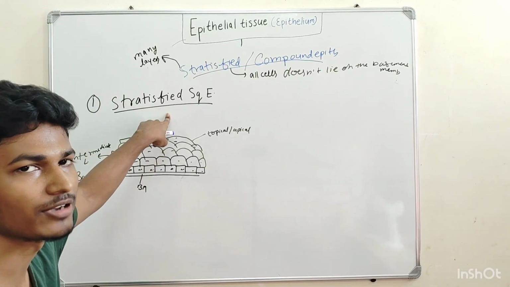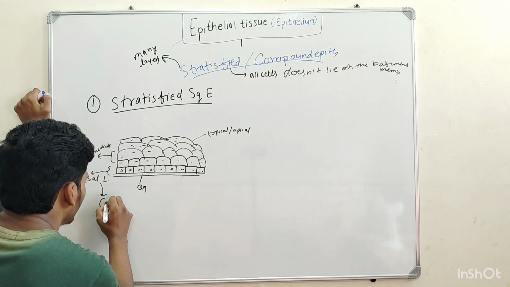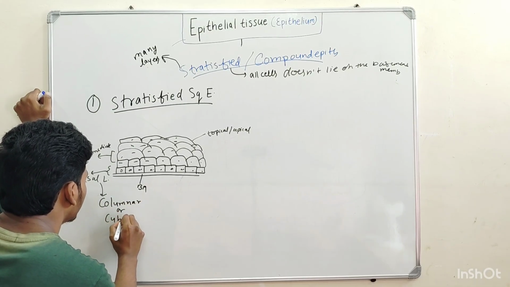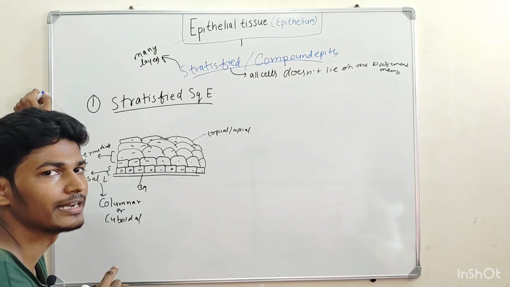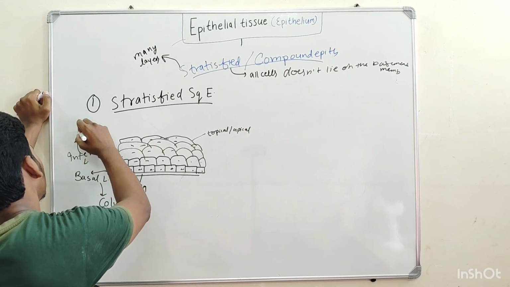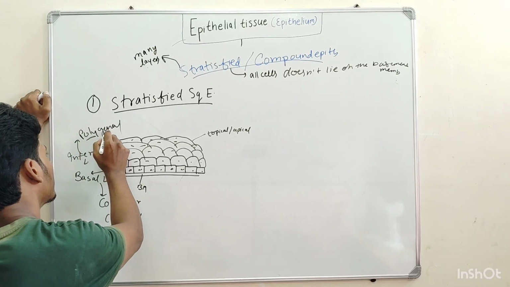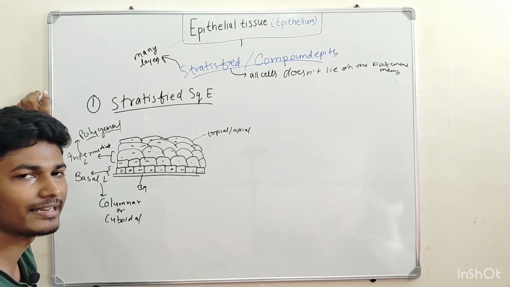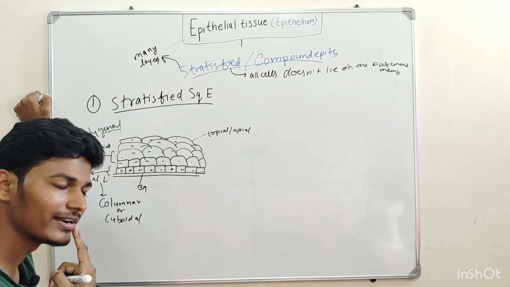And in the stratified squamous epithelium, the basal layer may be columnar or cuboidal, and the intermediate layer will be polygonal in shape. Polygonal, as you know, poly means many, gonal means angle or side. It means the intermediate layer cannot be defined as a particular shape like round, cuboidal or columnar.